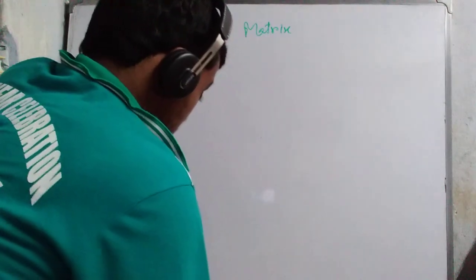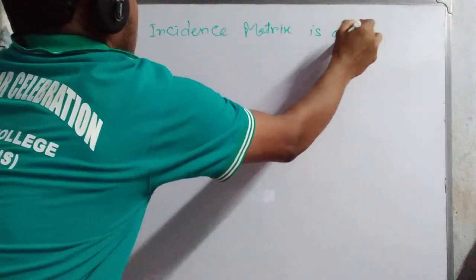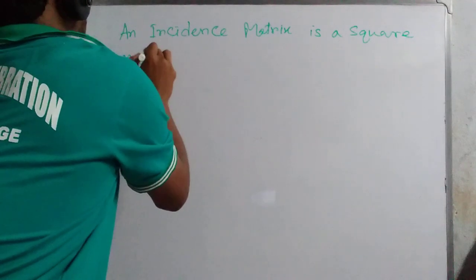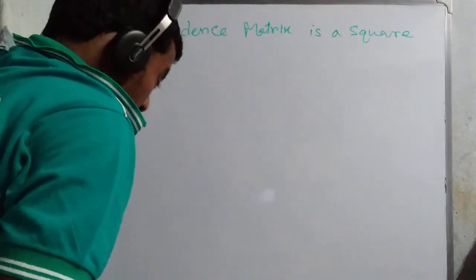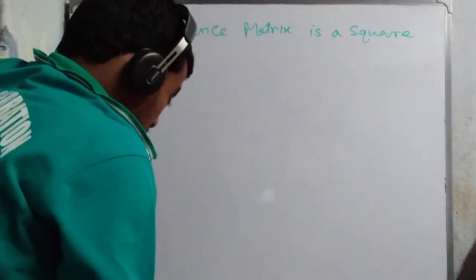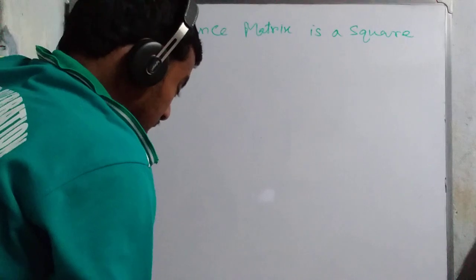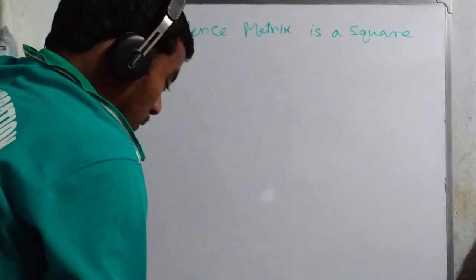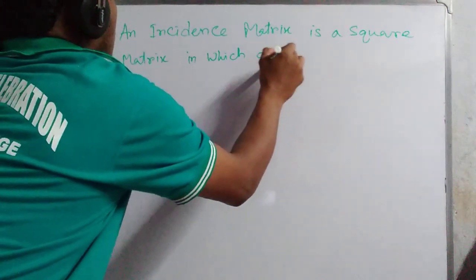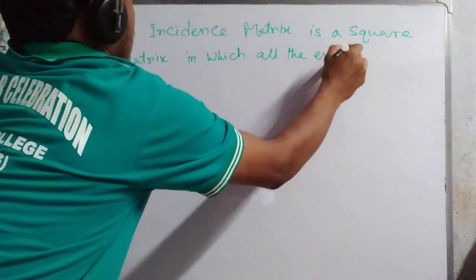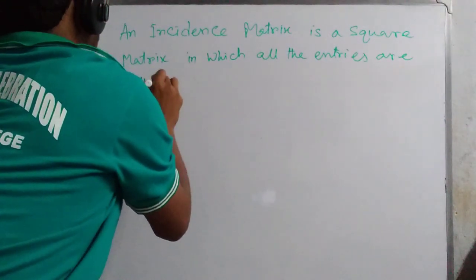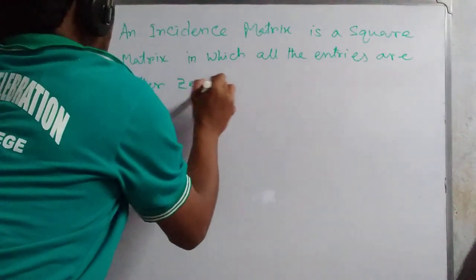An incidence matrix is a square matrix in which all the entries are either 0 or 1.